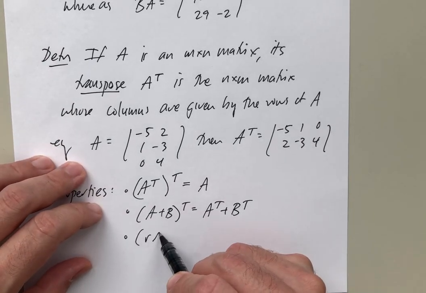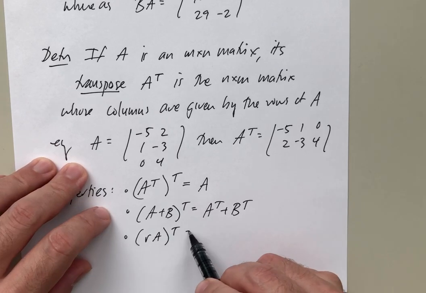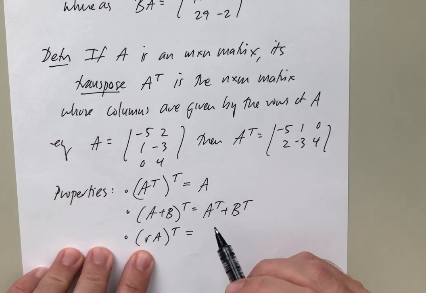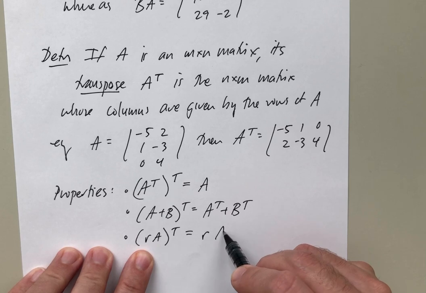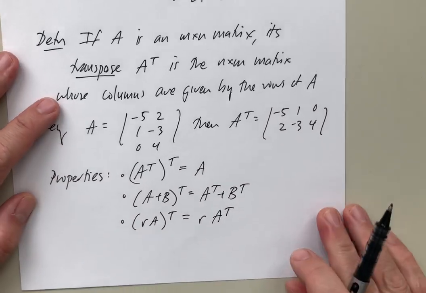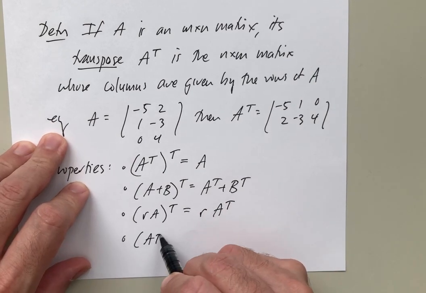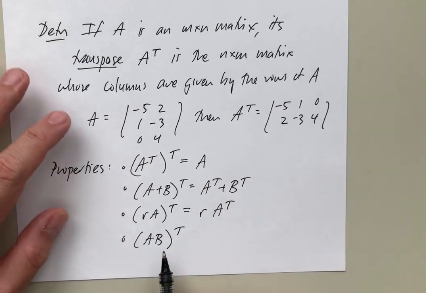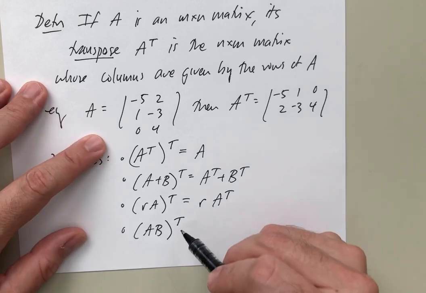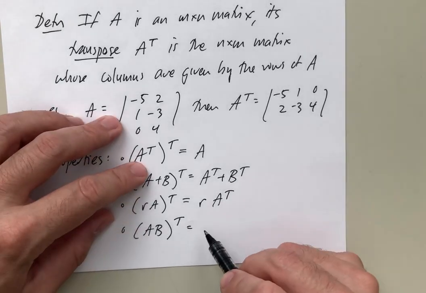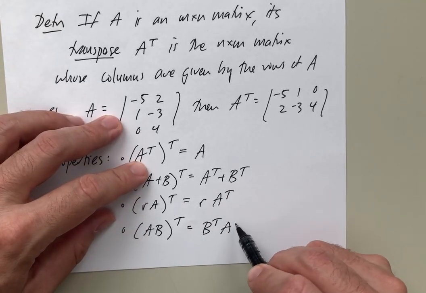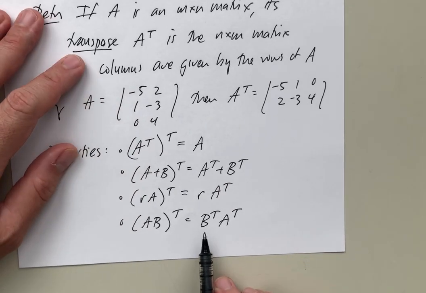It also plays well with scaling: if I take a scalar times a matrix and take the transpose, that's the same as scaling the transpose. And finally, maybe the most interesting one, which I won't prove today: what happens when you take the product of two matrices and take the transpose? It turns out you want the product of the transposes, but in opposite order.